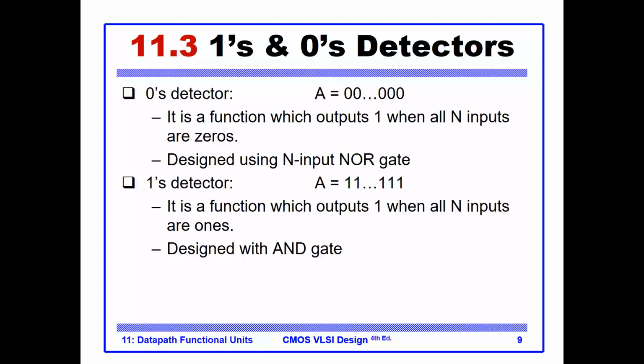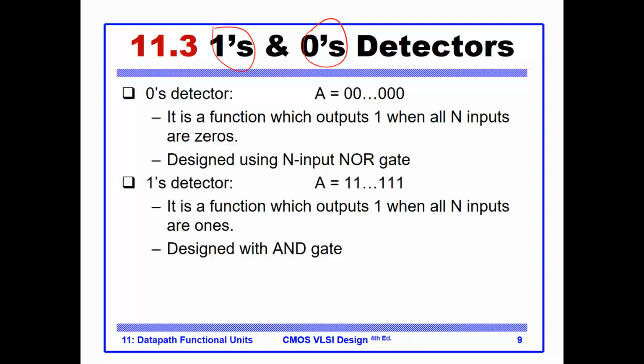Okay, so now we have discussed adding multi-bit numbers. We will shift gears and change topics. One of the important data paths is circuits that are able to detect ones and zeros. Why should we bother about detecting ones and zeros?